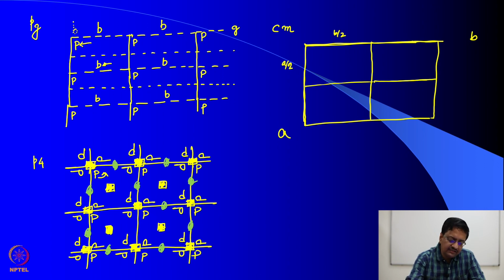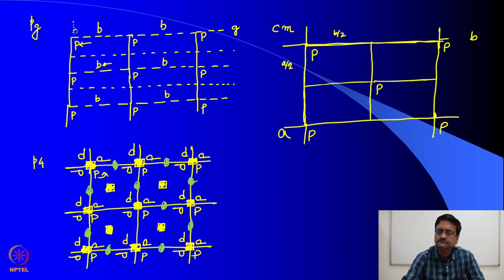So this half of length is B by 2, this half of length is A by 2. So when I say it is a C-centered lattice, I have an object at every corner associated with the corner point, and half translated along A, half translated along B, and I should have an object here.